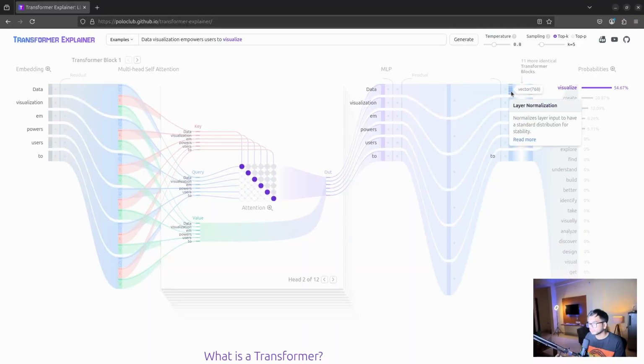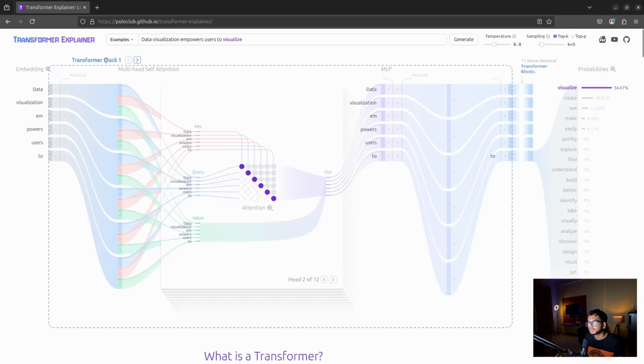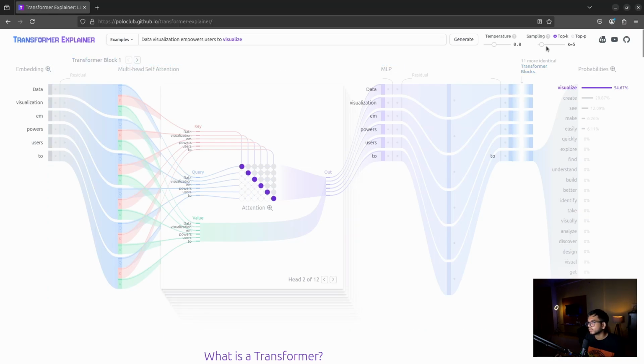This 6 into 768 matrix we got from the transformer, we just name it T1. After the transformer block, if you see here, it is written that 11 more identical transformer blocks are there. Whatever layers we have seen in this block get replicated in the next block.